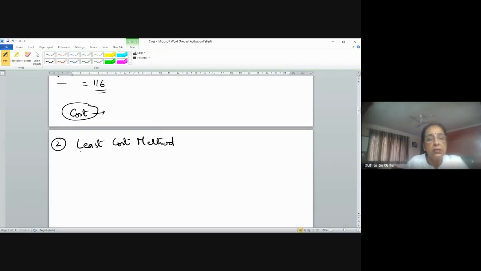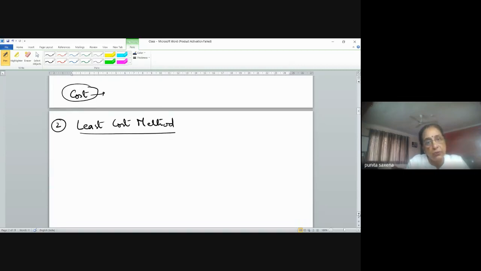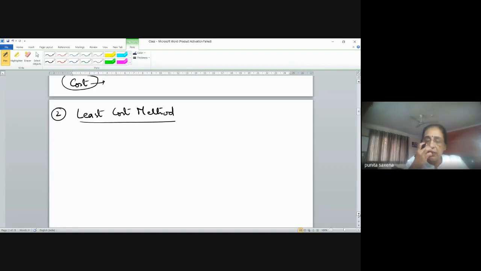So this method is going to consider the costs as well while making the allocations, right? So in the least cost method, your step number one would be to select the cell with the minimum cost.